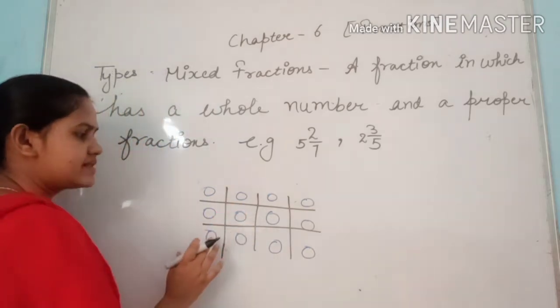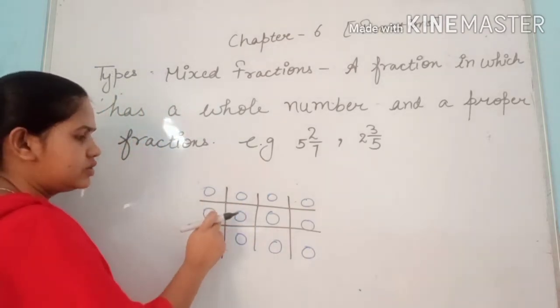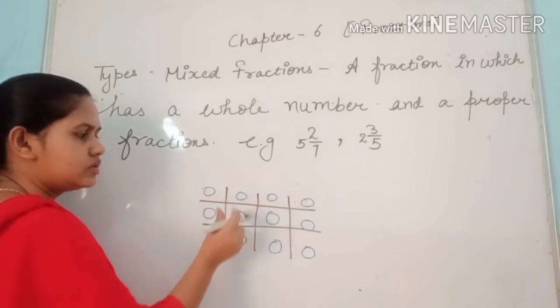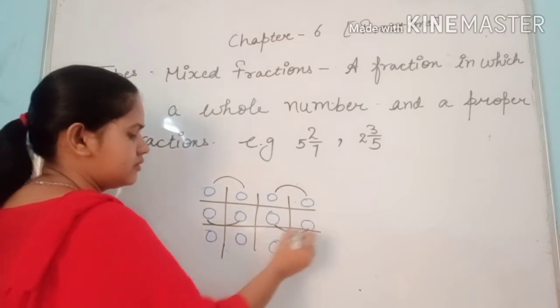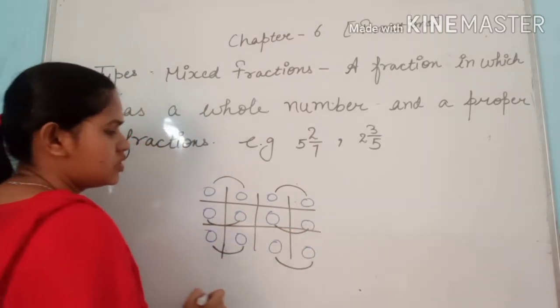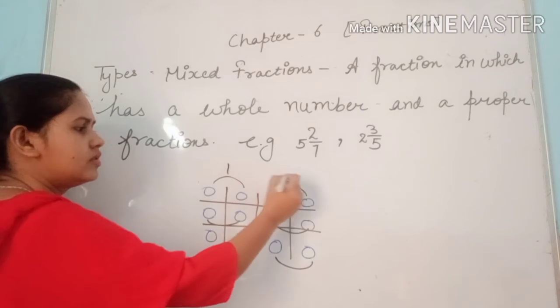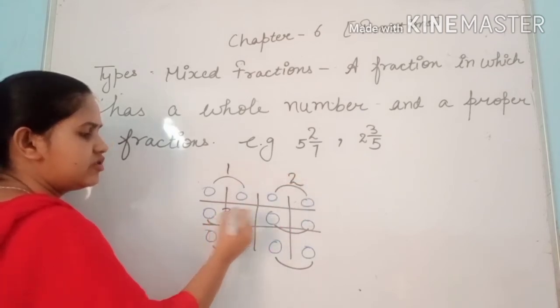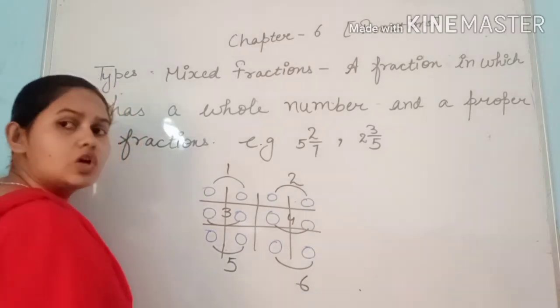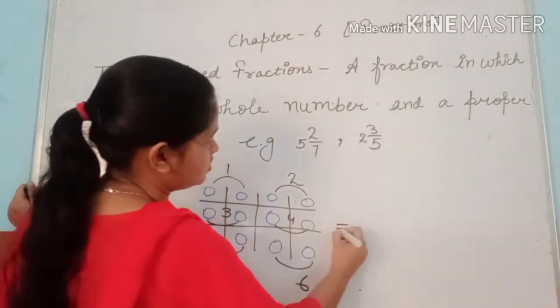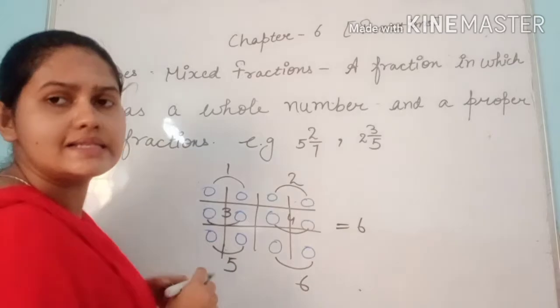I will take it as two parts, 1 2, 1 2, 1 2. So it becomes 1 2, this one 3, this one 4, this one 5, and this one 6. So total is 6. So you can write 6 for the balls.